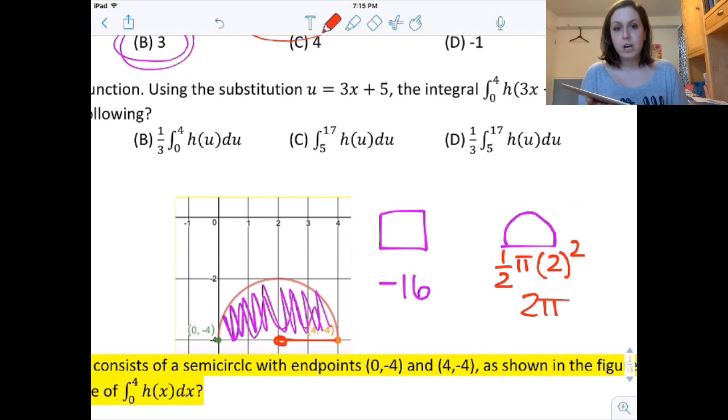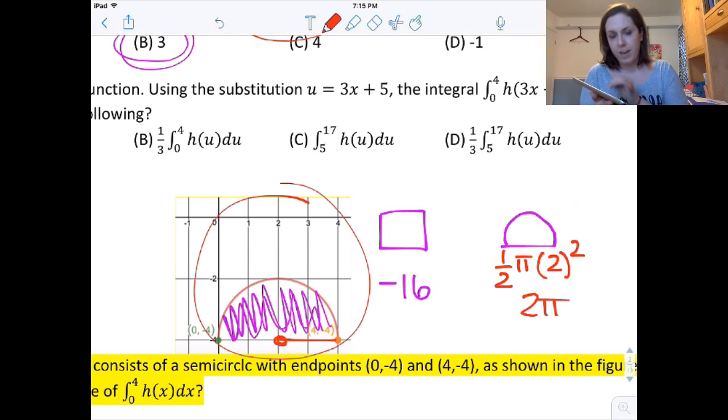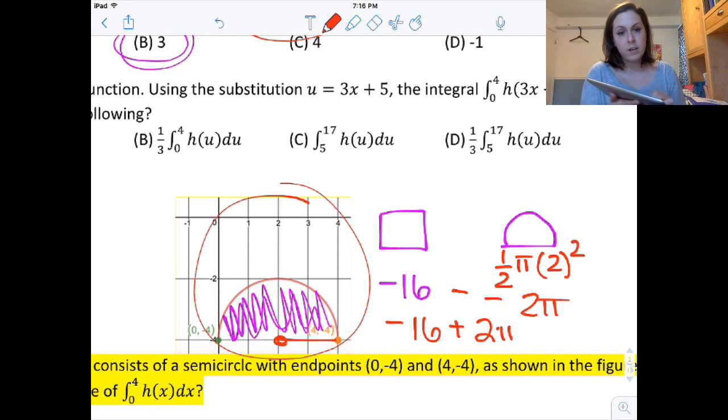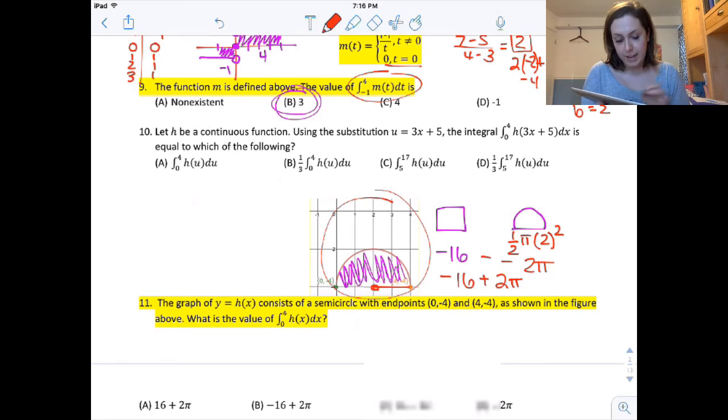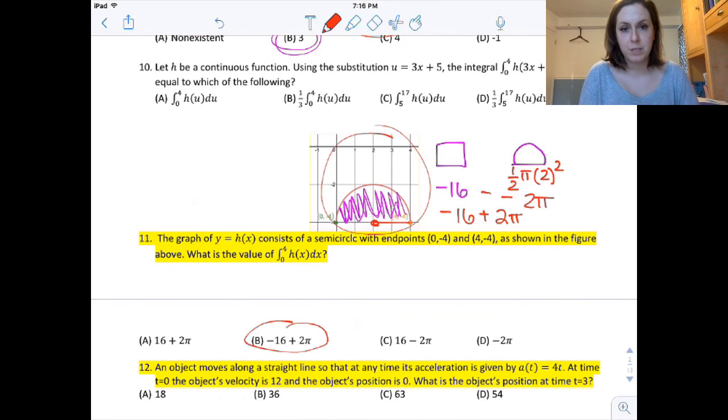If the whole area is negative and I'm subtracting that out of the negative, I'm really subtracting a negative 2 pi. So this becomes negative 16 plus 2 pi, because I'm adding 2 pi back in. And so this is b, negative 16 plus 2 pi. The whole thing's negative 16, and then I'm adding 2 pi back in because that area is not being removed.